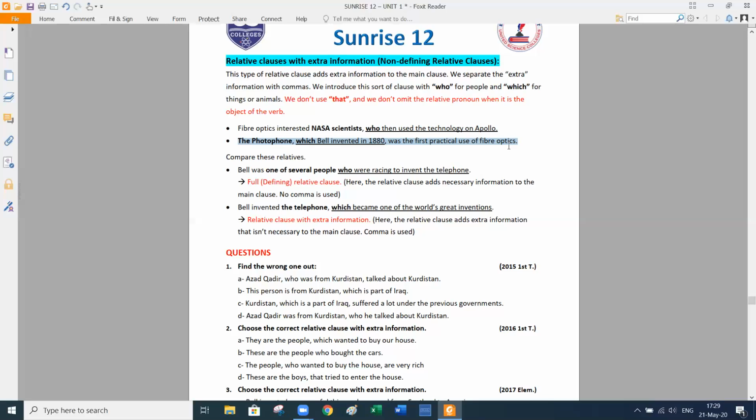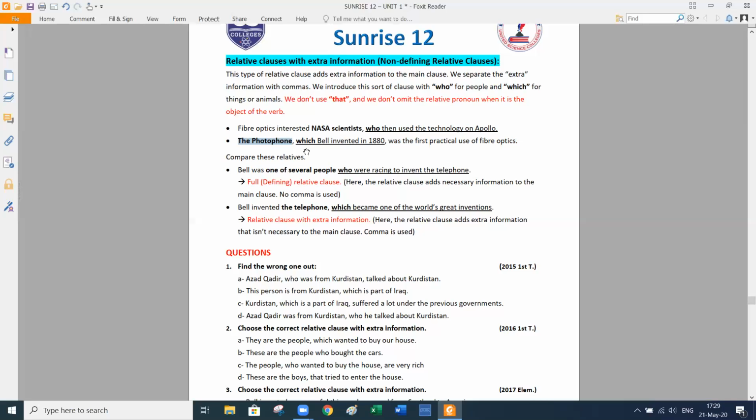And you can see that we separated the main clause and put the relative clause with extra information in between, because the relative clause is giving information about the subject, the photophone.